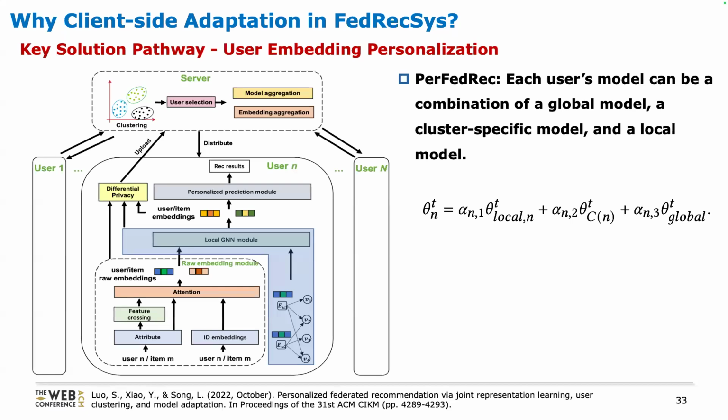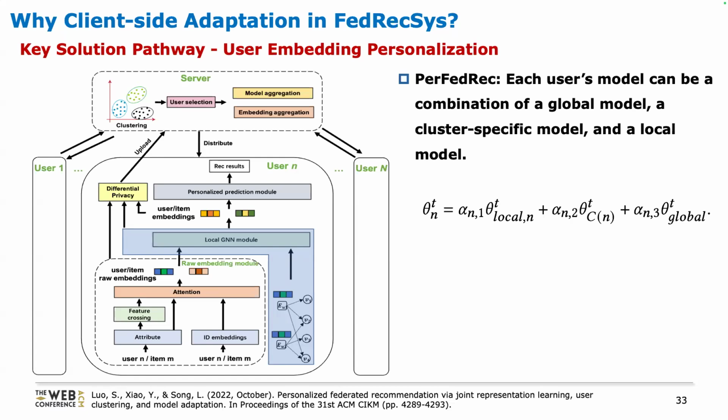Another federated approach takes another direction by clustering users based on learned representations and then personalizing. In their framework, each user's model is a combination of a global model, a cluster-specific model, and a local model. The user embedding in this case is enriched by the user's cluster context, capturing commonalities with similar users, while still reflecting individual traits.